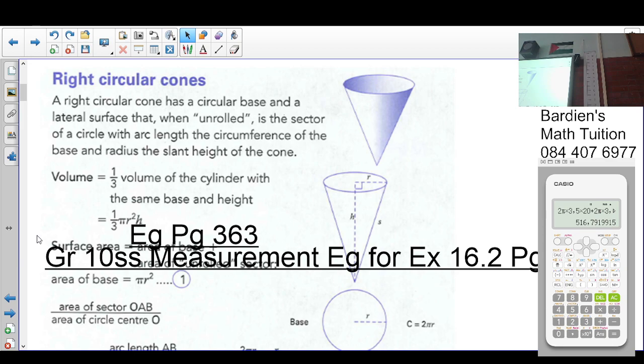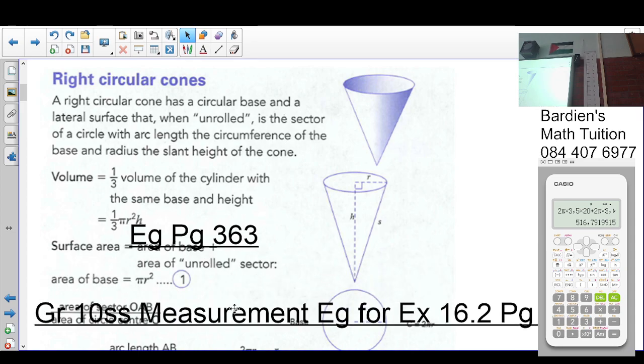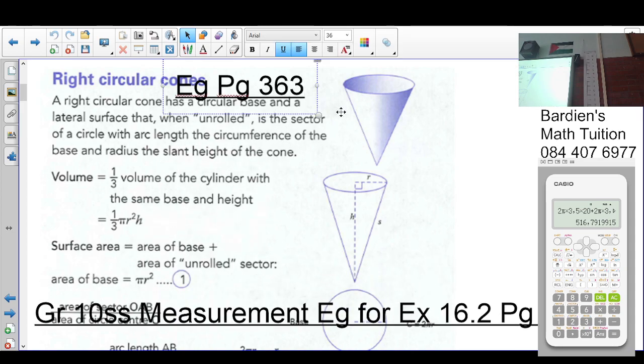So now we're going to look at a right circular cone. Which page are we on now? 364. Okay.